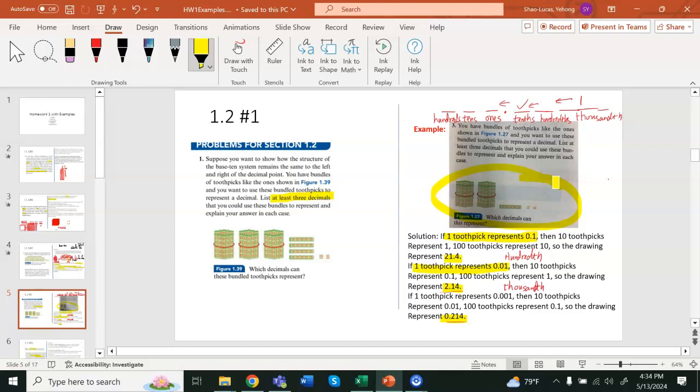As I did in the first one, if I make each toothpick represent 1, this represents 214, a whole number. By the way, make sure, since it asks you to list at least 3 decimals, you will have to pick 3 different values for one toothpick.